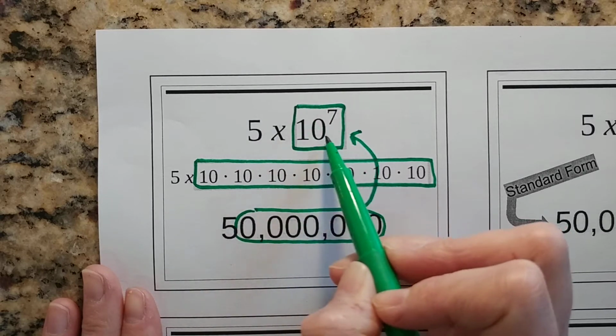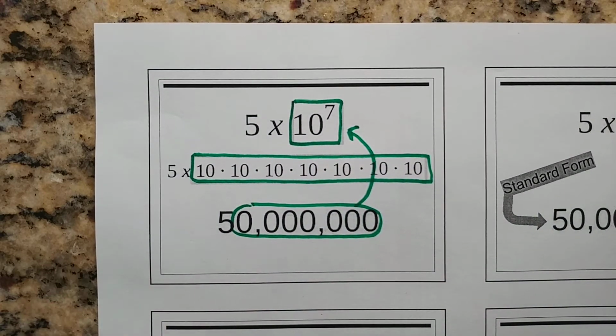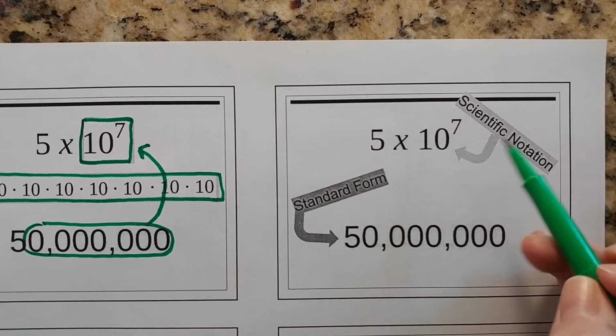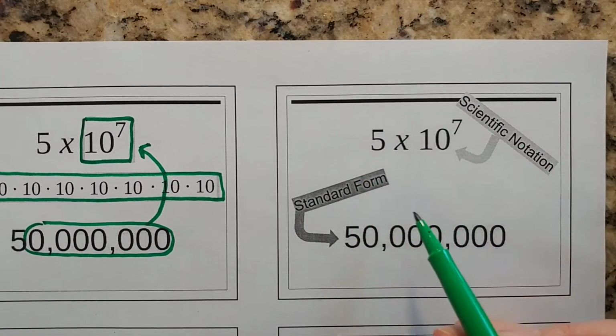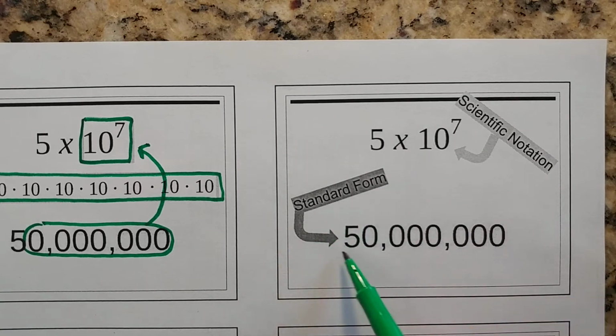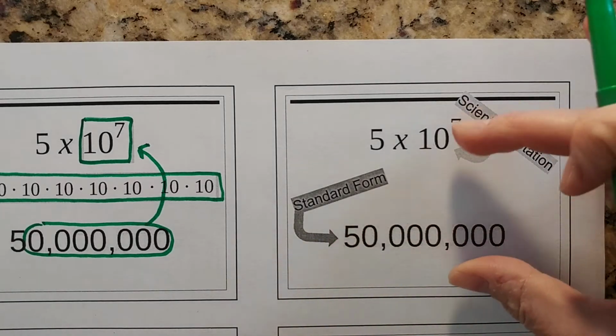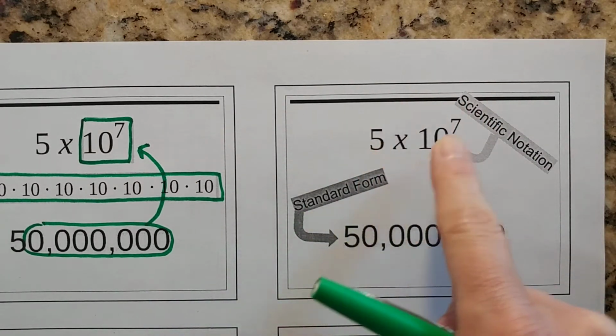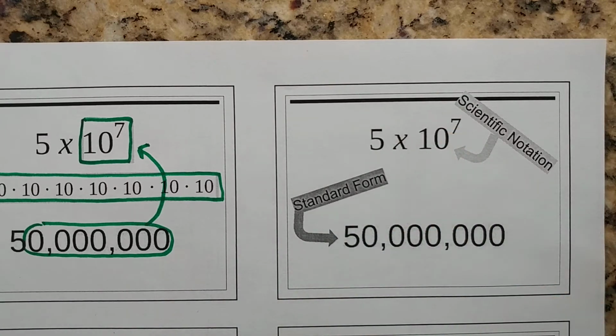All of the zeros are held right here in that power. So here, 5 times 10 to the 7th power is scientific notation, where the standard regular form of a number would be 50 million. These two are the same thing. But notice how I don't have to have all of those zeros if I write it like this. The power stores all of the zeros for me.